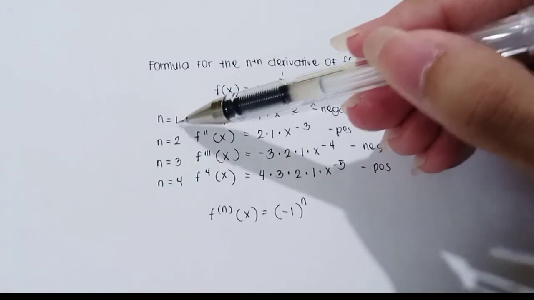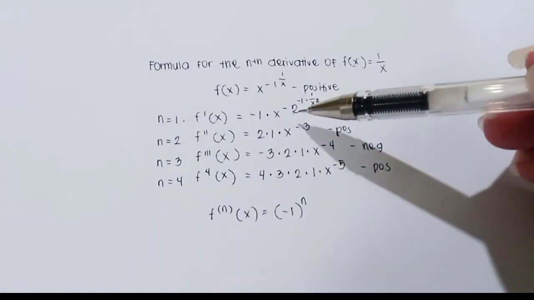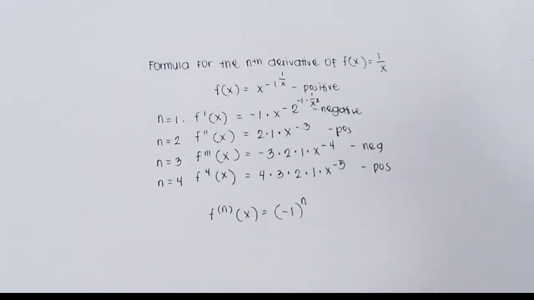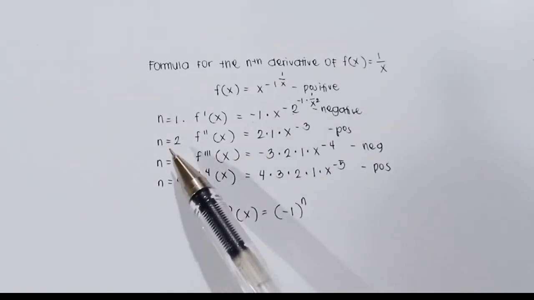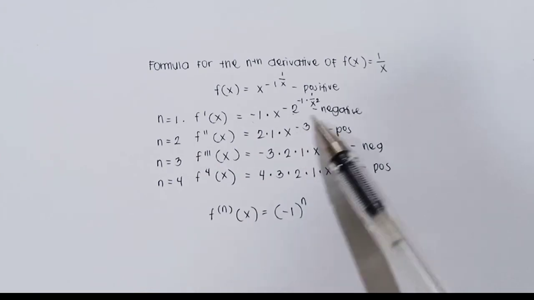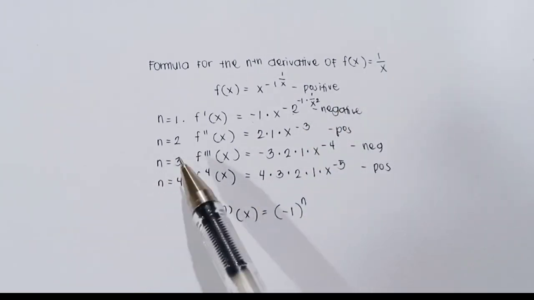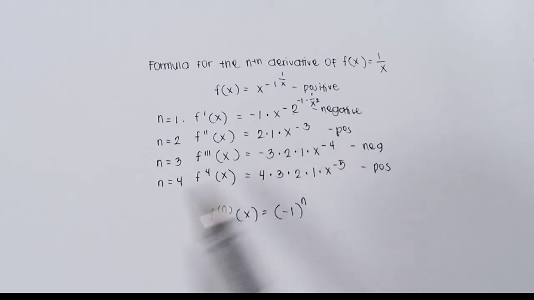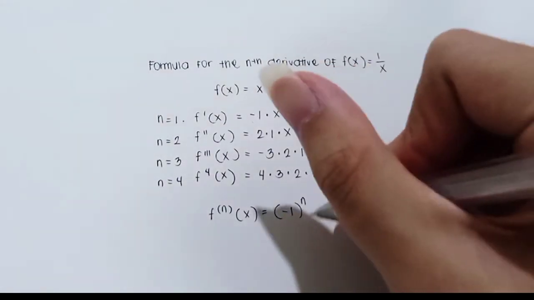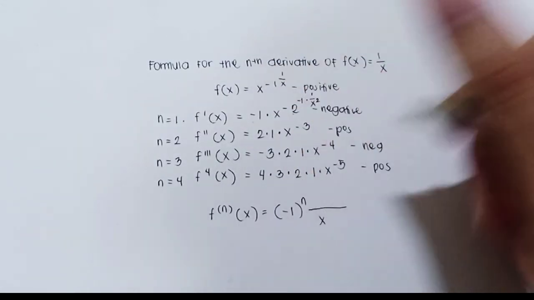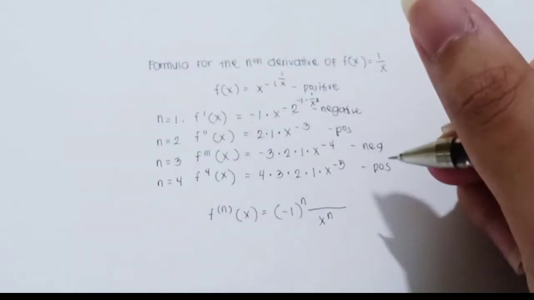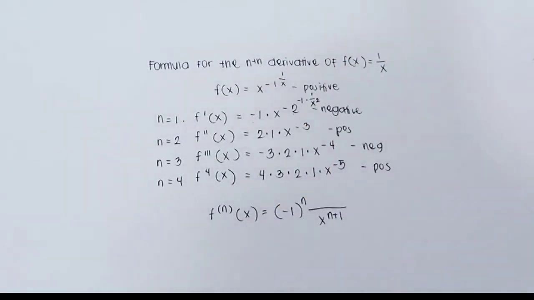When n equals 1, we got 2, which is 1 higher. When n equals 2, we got 3. Then n equals 3, we got 4, n equals 4, we got 5. So this is gonna be x to the power of n plus 1 since it is 1 higher.